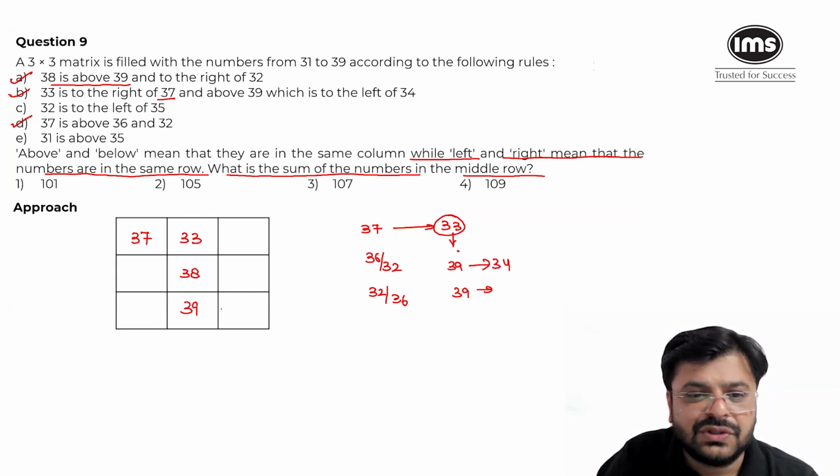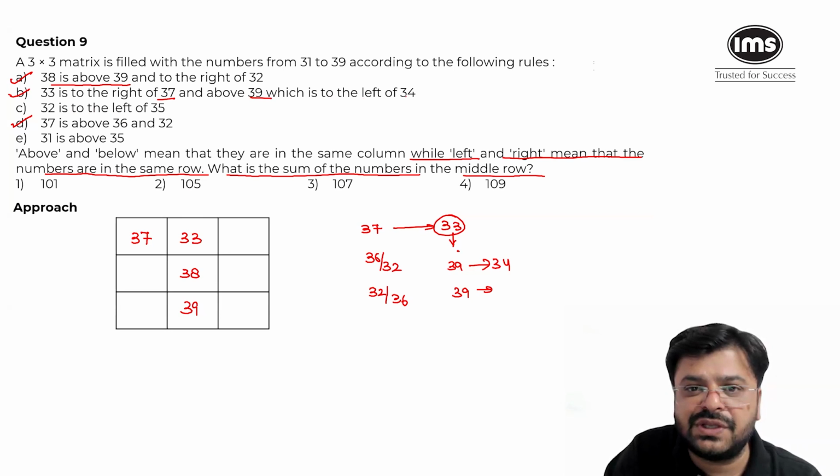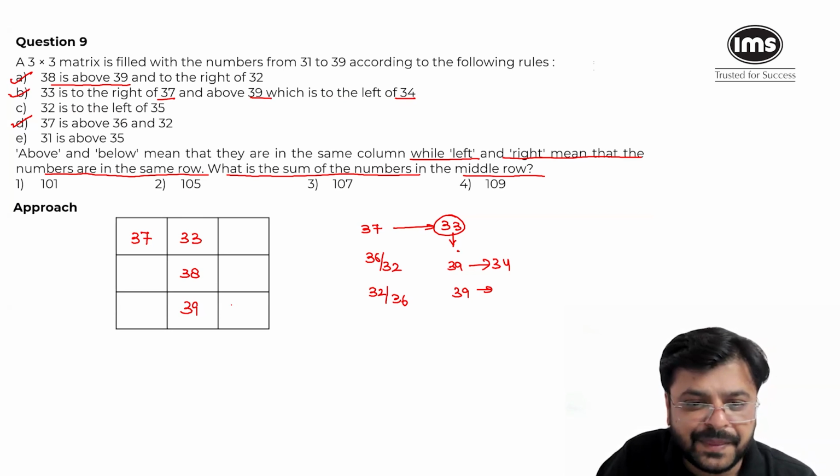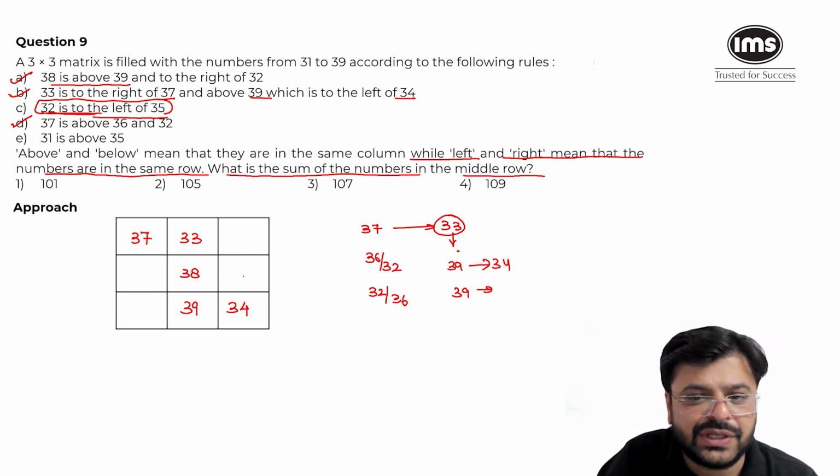And we also know that 39 is to the left of 34, so 34 must be to the right of 39. 32 is to the left of 35. I want 32 and 35 in the same row, and the only row that is available is the second row.